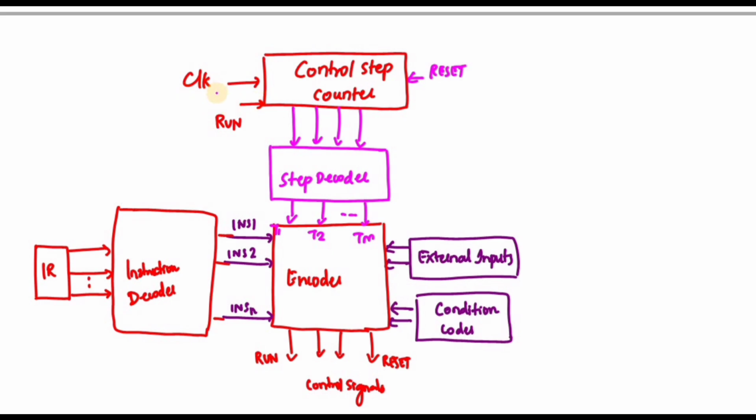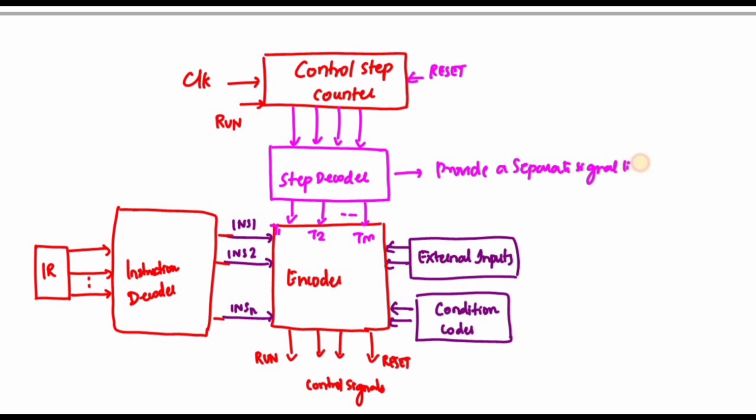So the step counter, step decoder, each will provide a separate signal line for each step. So let me take this one as T1 to Tm based on the value of the control step count.